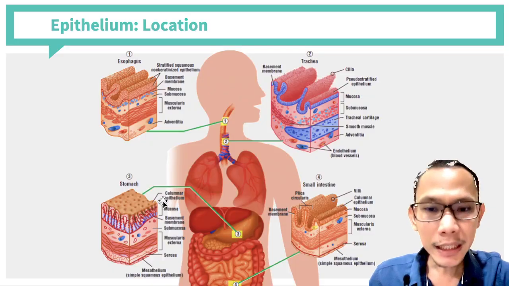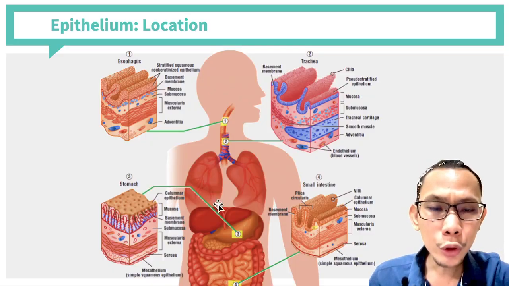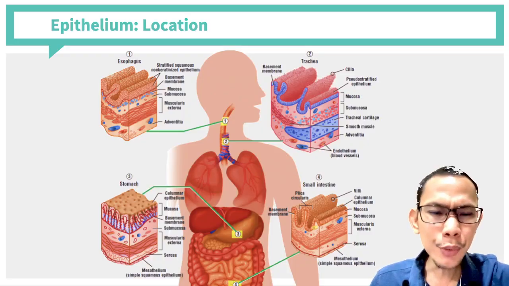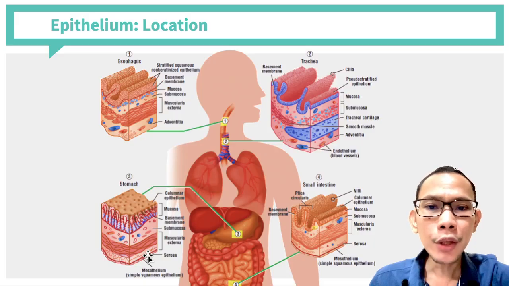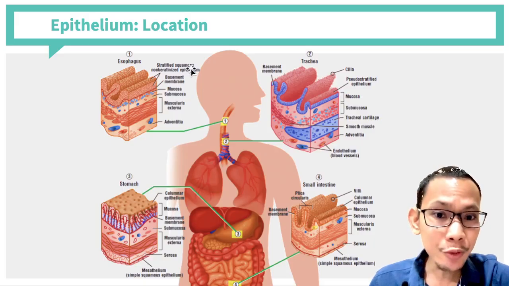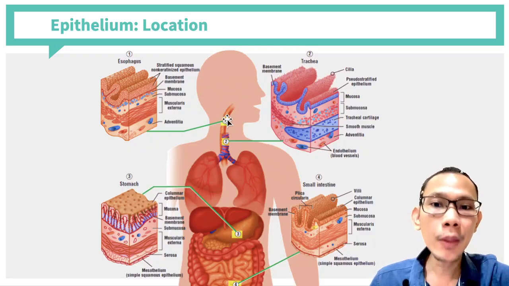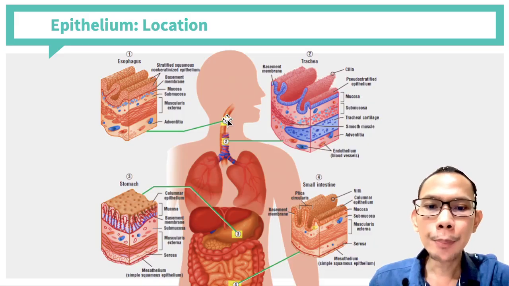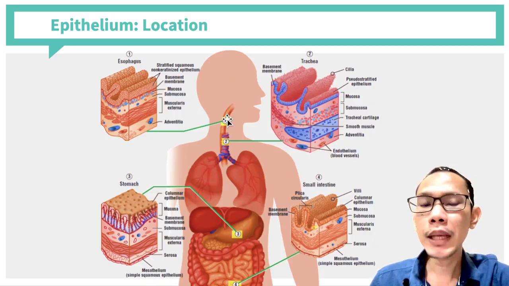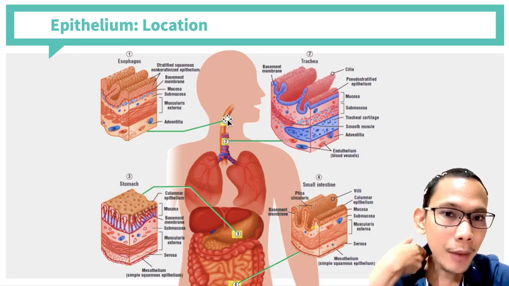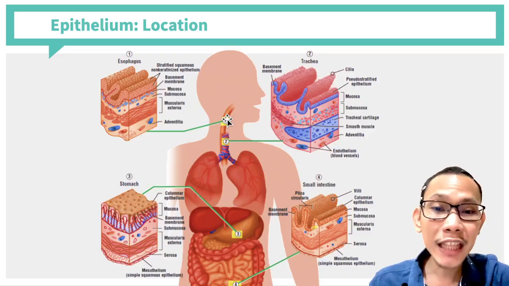But again, later on, I will teach you how we could properly label this epithelium, okay? So therefore, we can see that your epithelium is really located in various parts of the body. It's going to be very overwhelming at your level right now, because different body organs will have different epithelium.